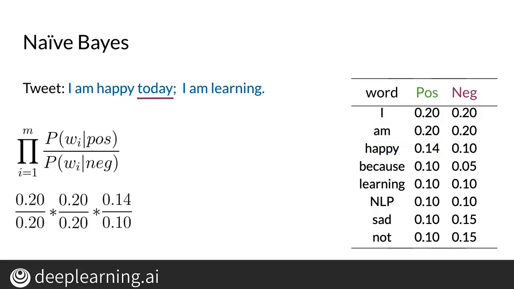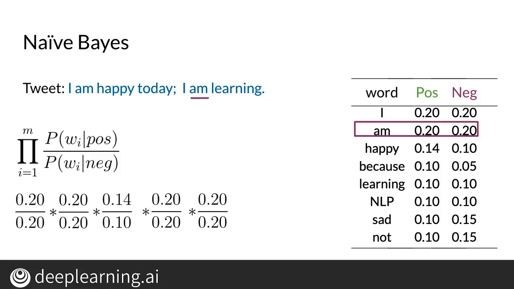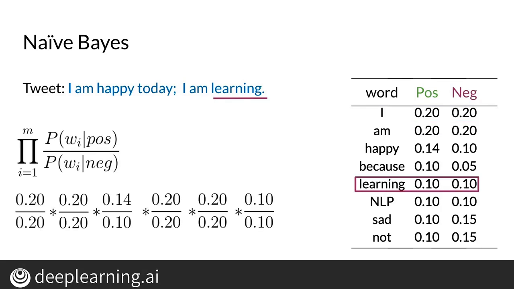For today, you don't find any word in the table, meaning this word is not in your vocabulary, so you won't include any term in this score. For the second occurrence of I, again, you'll have 0.2 over 0.2. For the second occurrence of am, you'll have 0.2 over 0.2. And learning gets 0.10 over 0.10.